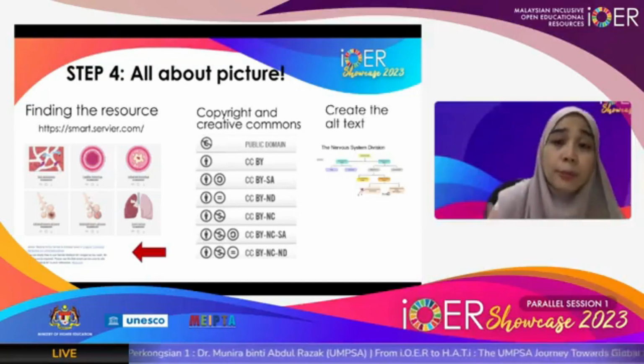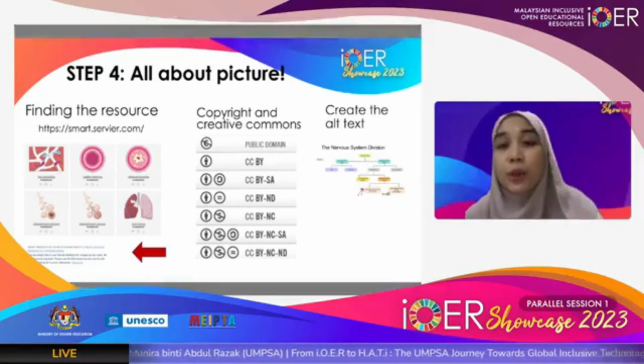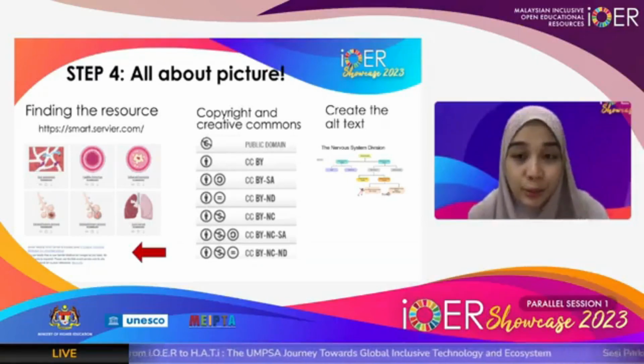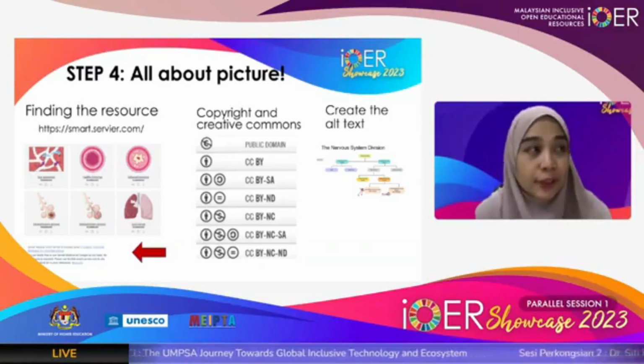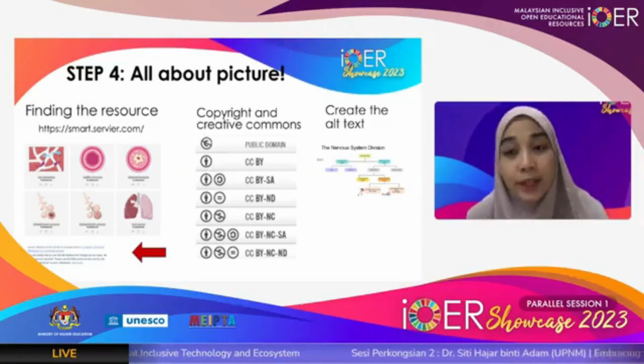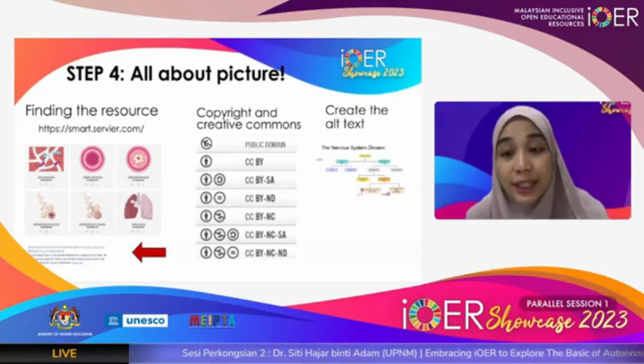For me personally, when I prepare my iOER, I don't have that much knowledge regarding licensing or copyright, so I resort to a safer method in the sense that I create my own images. I use Canva to create my own images, so I have no issue with licensing.